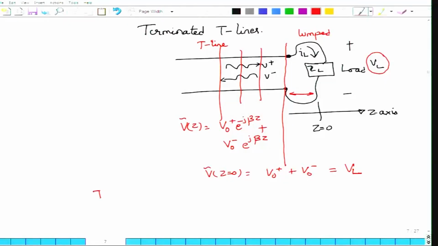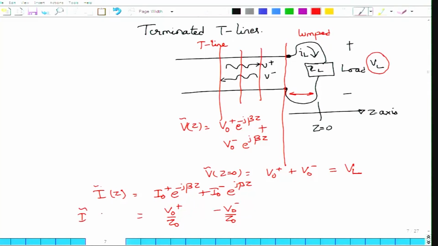In one of the exercises you must have derived the current phasor, which is given by I0 plus e to the power minus j beta z plus I0 minus e to the power plus j beta z. You must also have derived I0 plus and I0 minus to be V0 plus by Z0 and minus V0 minus by Z0, with these phase factors going to 1 here because we are considering z equal to 0.